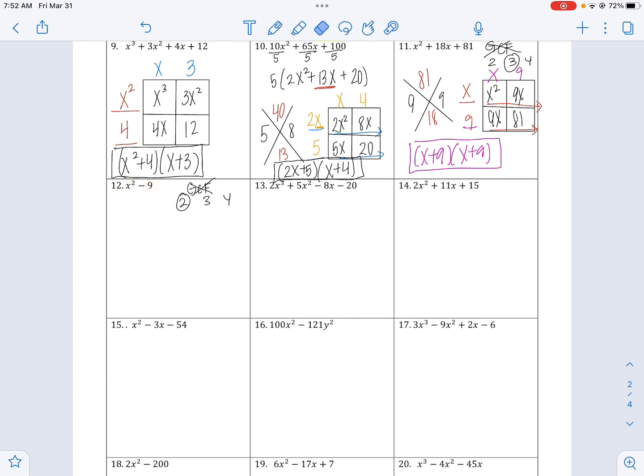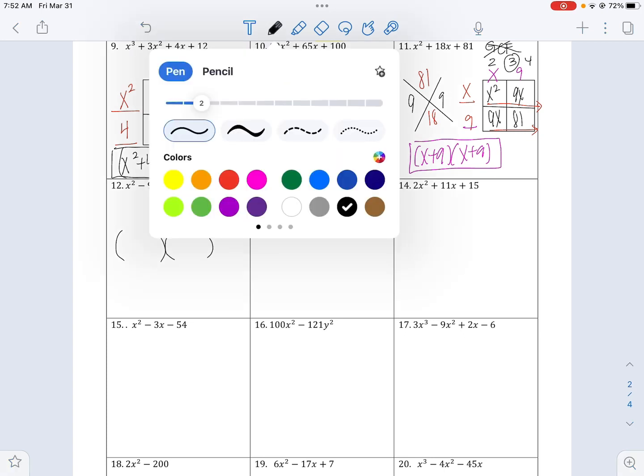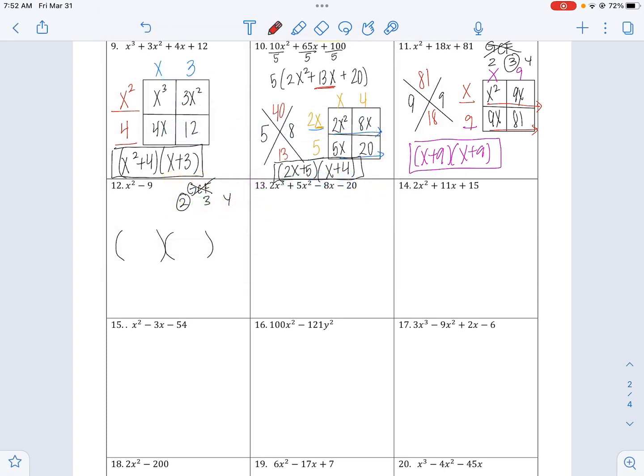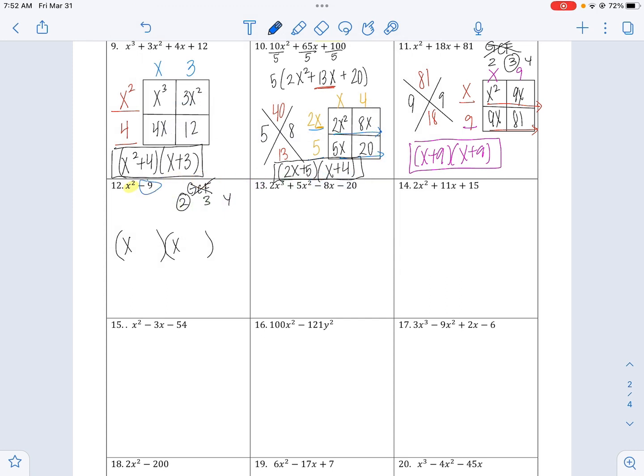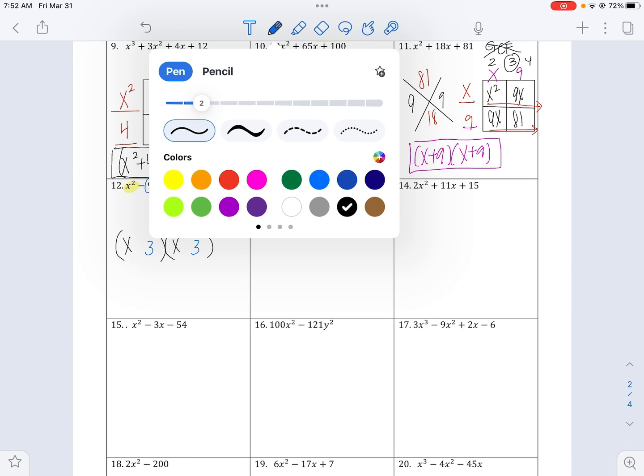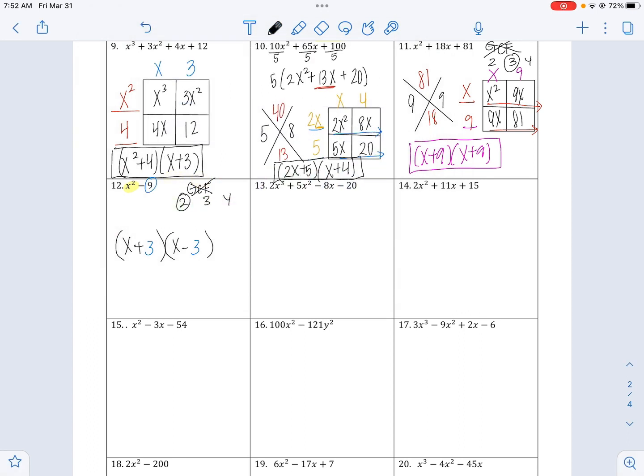So yes, they're both squares. This is called a difference of squares. So we're going to create parentheses. 2 numbers that multiply to x squared are x and x. 2 numbers that multiply to 9 are 3 and 3. And then since we have a minus sign, we have to make sure one has a plus sign and one has a minus sign.